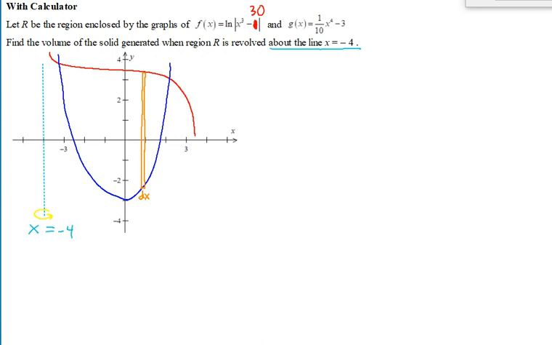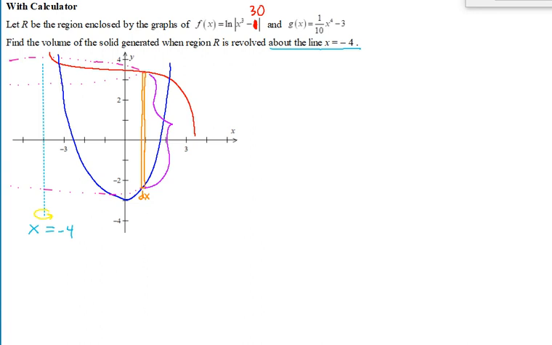This one, I didn't quite leave myself enough room, you might have a little more room on yours, to draw a representative cylindrical shell. But it would basically look like this. Wrapping around our axis of revolution here. You can see a little more than half of it there. And so again, we need the two components here, the height. Let's start with that one because that's usually easy to figure out.